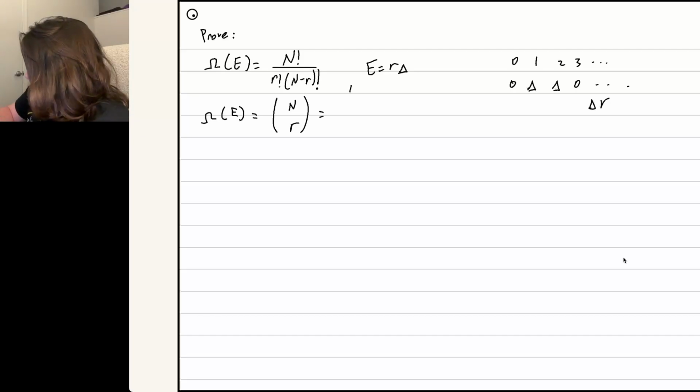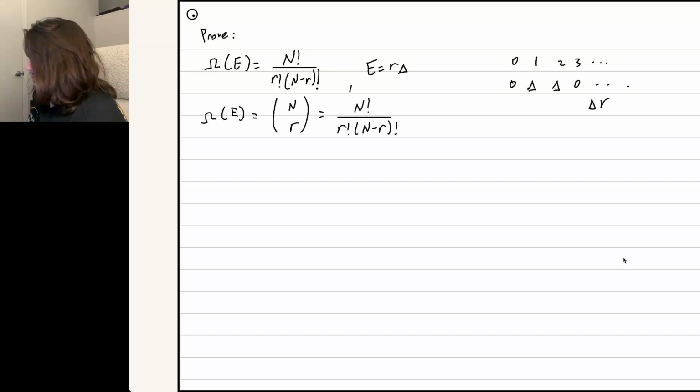So n choose r is verbatim n factorial over r factorial times n minus r factorial. So that is the amount of permutations, arrangements, I guess, of the total system to have energy equal to r delta.